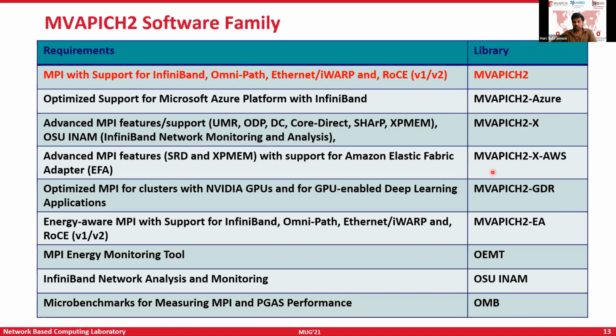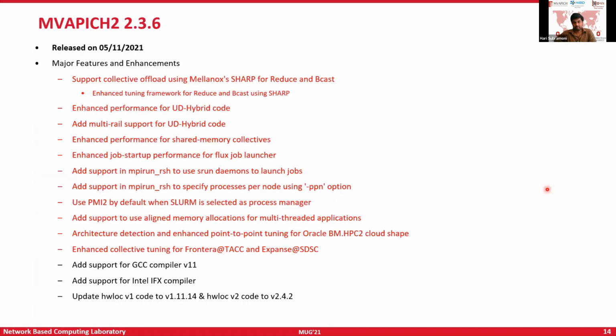Matt Cope will be talking about MVAPICH2 on AWS. There'll be a talk by OSC folks on OSU INAM. So I'll not be touching upon all of those things in this talk. And Amir, Arpan, and others will be presenting the support for deep learning applications in MVAPICH2-GDR, which is coming up right after this one.